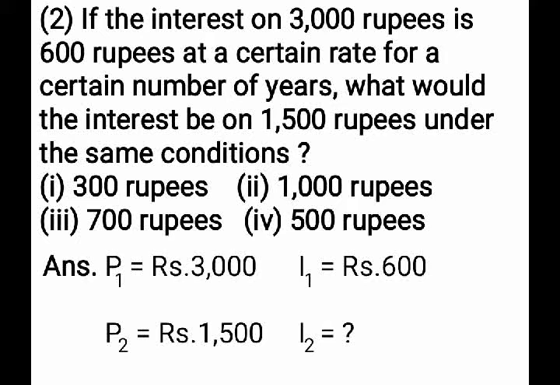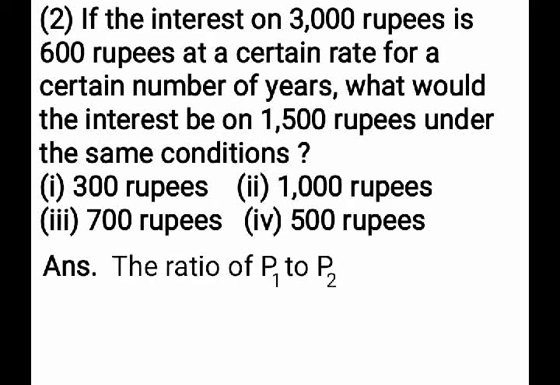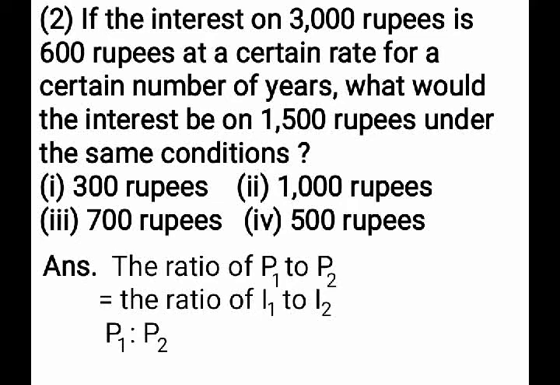On the left side you write the ratio form of principal 1 to principal 2, and on the right side you write the ratio form of interest 1 to interest 2. The ratio of P1 to P2 is equal to the ratio of I1 to I2, that is, P1 is to P2 is equal to I1 is to I2.